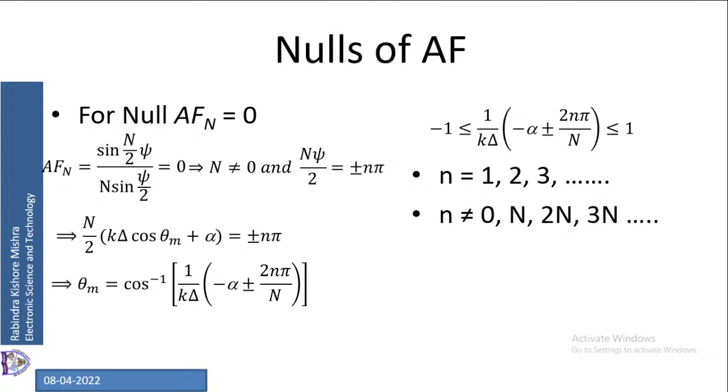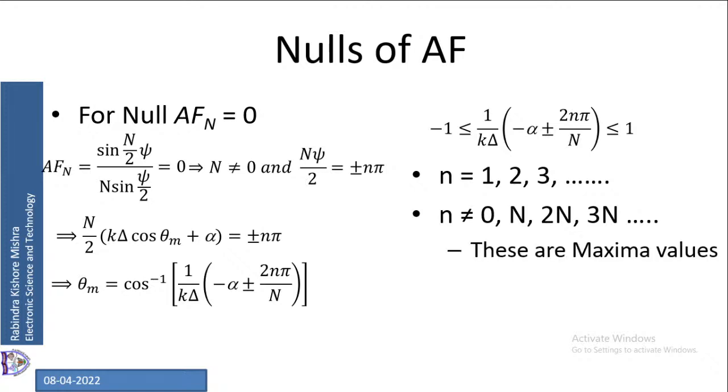When alpha is equal to 0, that will be cos inverse of 0, which cannot be found out. So for n equal to 0, capital N, 2N, 3N, in those points the cos inverse cannot be obtained. Therefore, those are excluded values. N equal to 1, 2, 3, 4, etc. are accepted values except these values.